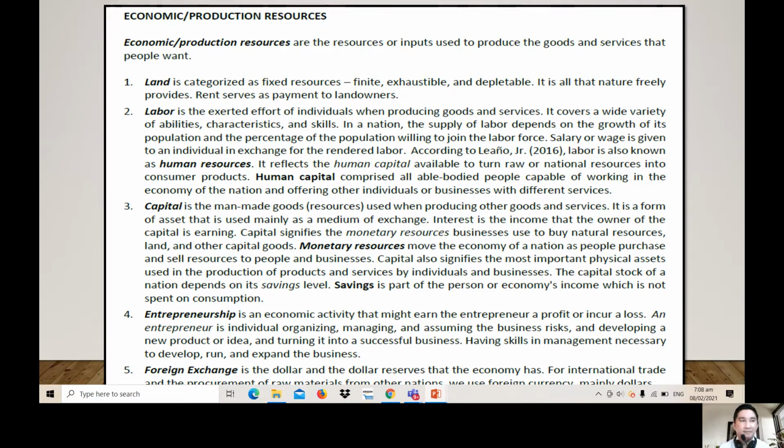Kasi minsan, lalong-lalo na kapag nung hindi pa talaga developed yung technology dito sa Pilipinas, most of the works are labor intensive, meaning kailangan talagang mag-exert ng effort through human intervention. Pero ngayon, hinay-hinay na siyang nawawala, pero hindi pa din mawawala kasi yung labor.